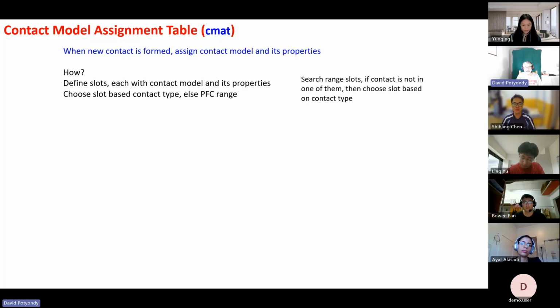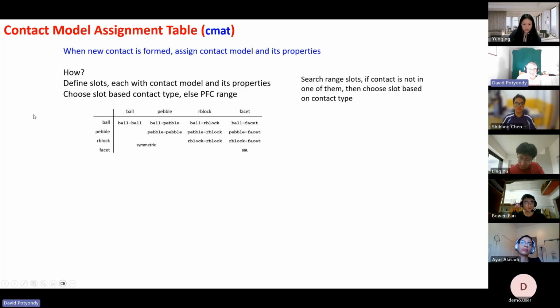And so we have a concept of a table, and we call it a contact model assignment table. How do we assign contact models, okay? Based on the types of contacts, this is a ball-ball contact. This is a ball-facet contact.